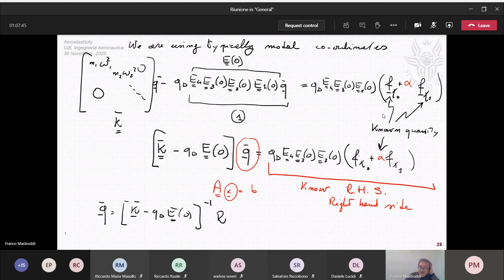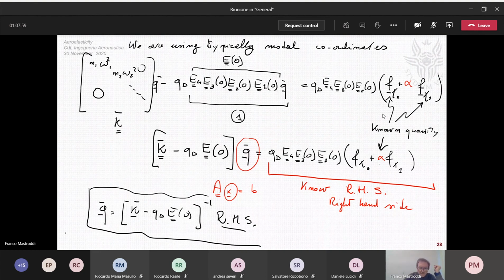If you assign alpha, you have a right hand side, and you have this problem. Okay, so this is the solution, the steady solution vector, solving the problem to determine the deformed configuration of a wing in a wind tunnel. You impose the angle of attack, and you have a deformation for the wing in the wind tunnel.